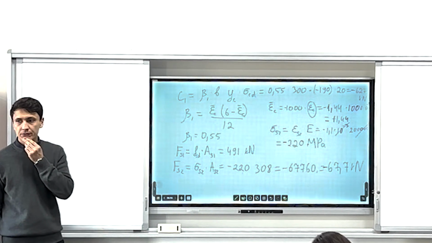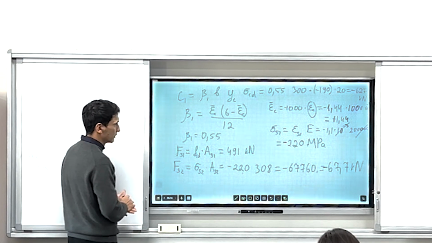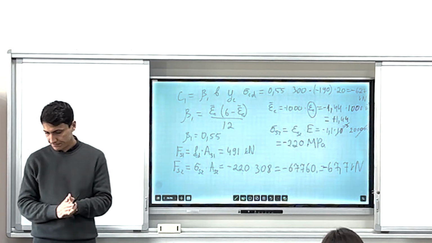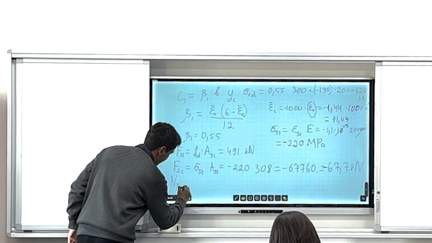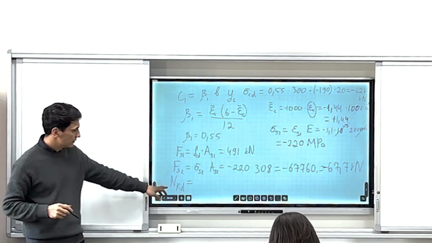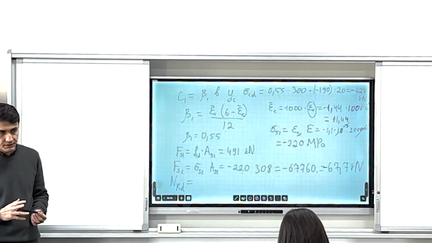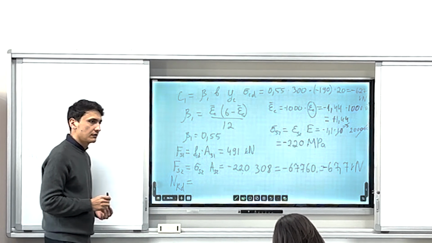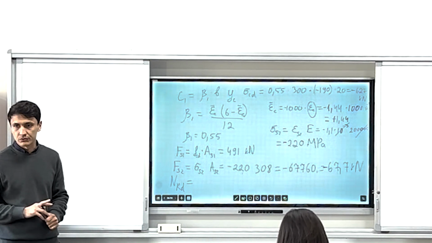Now we have all three forces. Now we sum them up. NRD means resisting axial force. Your section is resisting this axial force.